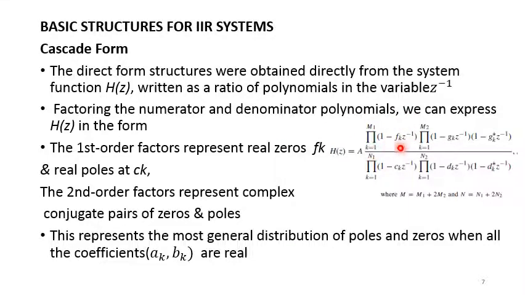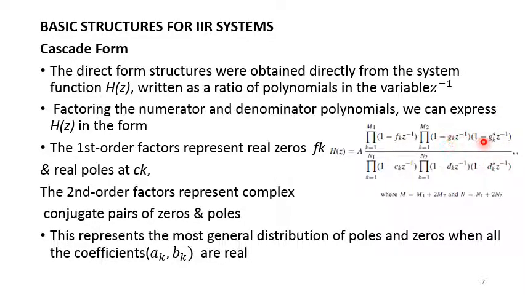Here f_k and c_k are respectively first order factors for zeros and poles that are real. I hope you understand by the term real that the imaginary parts are 0. Whereas the second order factors, that is (1 - g_k z^-1)(1 - g_k* z^-1), are the zeros, and these are the poles, and they are of course second order, right?